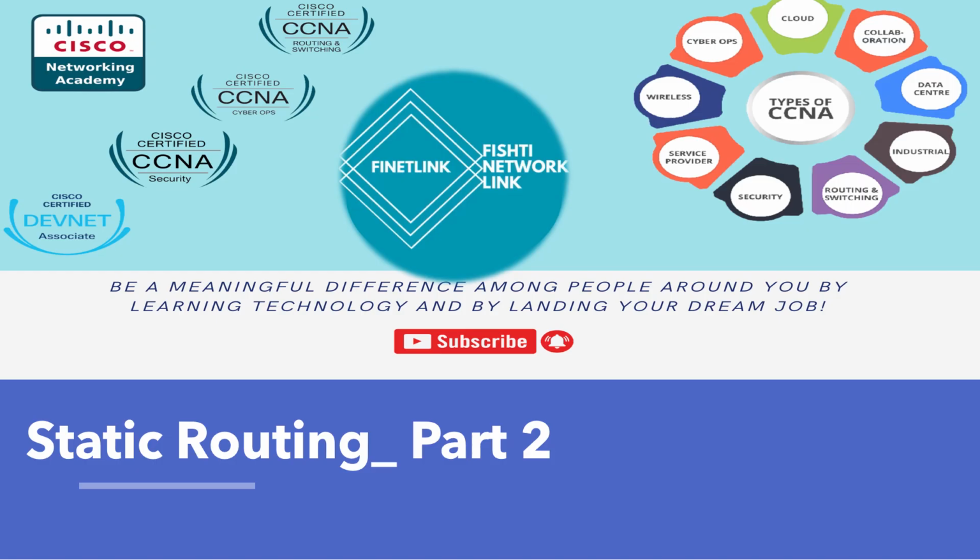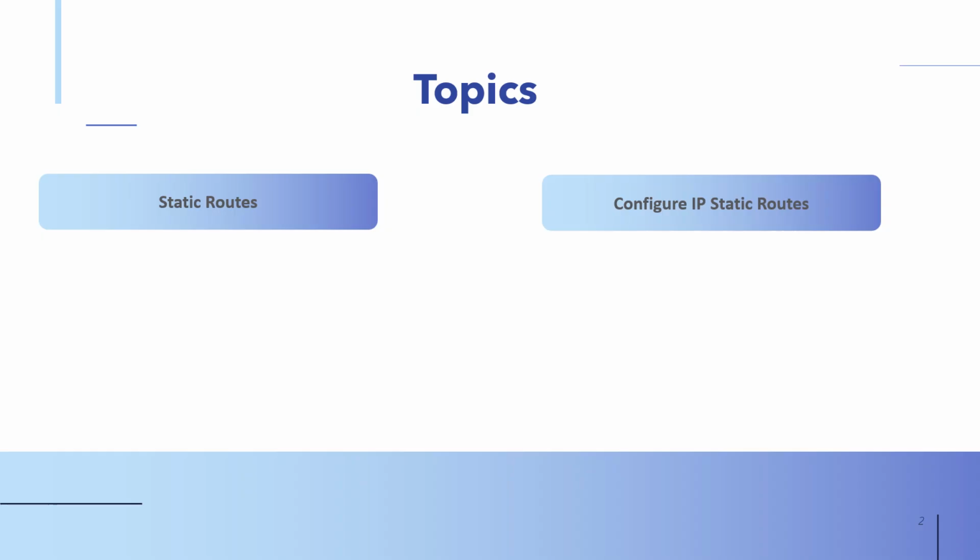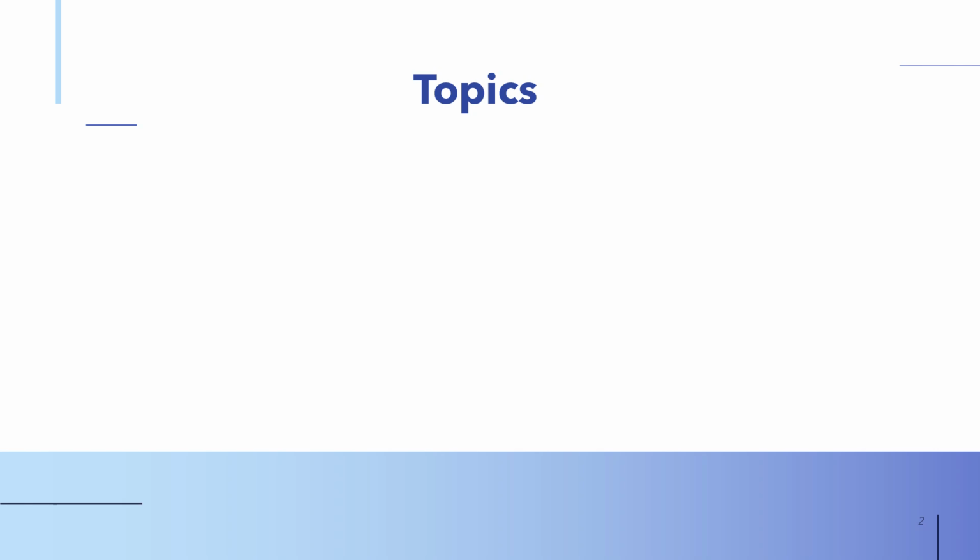So we are configuring the static routes for the IPv4 and IPv6 network. In the first material, we described the command syntax for static routes, and we configured the static routes for the IPv4 and IPv6 network. In the second material, we will configure IPv4 and IPv6 default static routes.